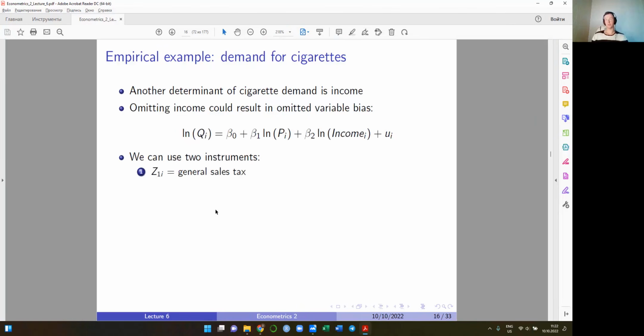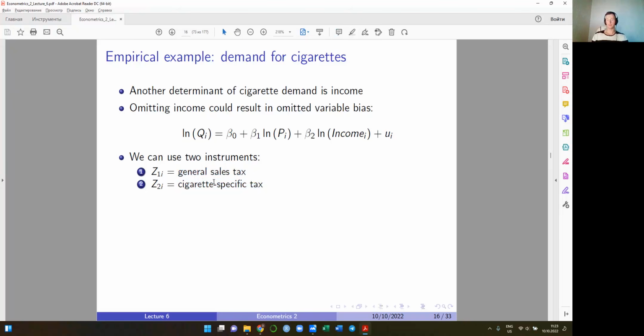And we can use two instruments. One instrument is a general sales tax, and another one is a cigarette-specific tax. You can think about this like, in the Russian setting, for example, value-added tax, which is applied to all goods, and a special excise on cigarettes.